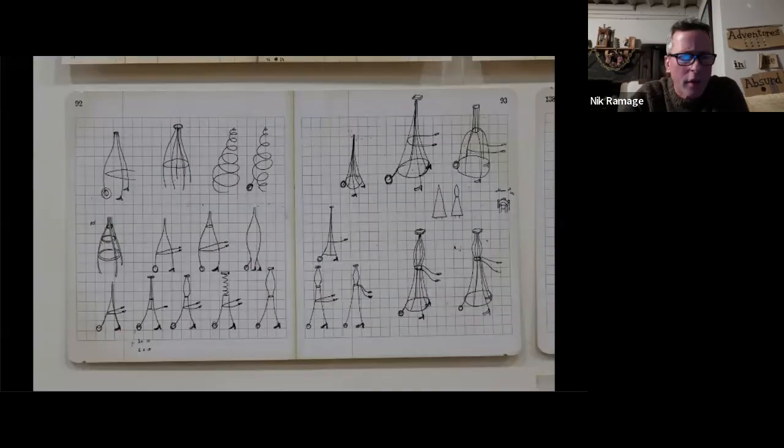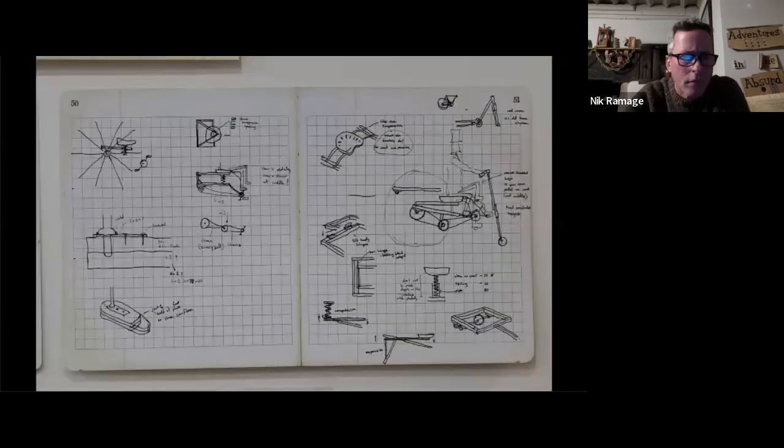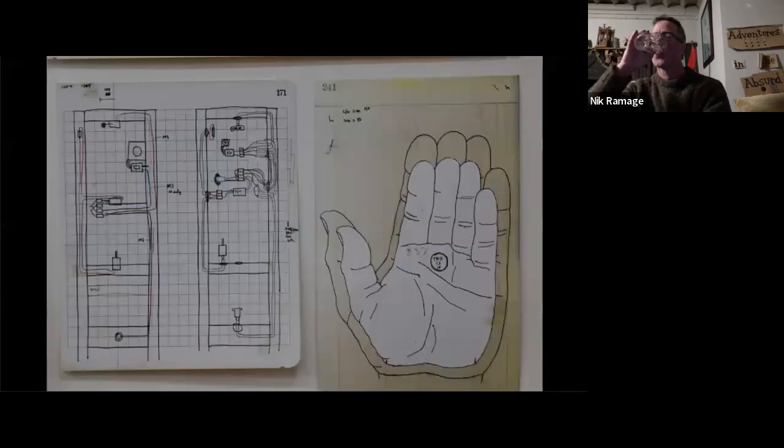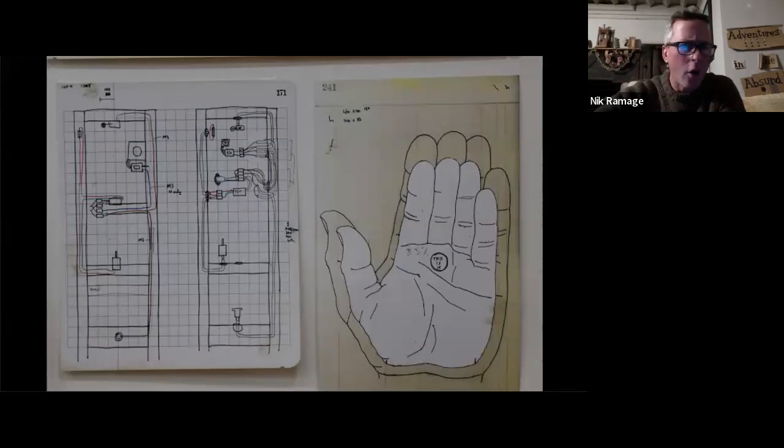I'm working out the shape for another one that we haven't seen actually. So on the left, we've got a sort of wiring diagram, how to fit all these wires into the frame for something. And that was an initial drawing for the hand that I carved for the One Hand Clapping piece.